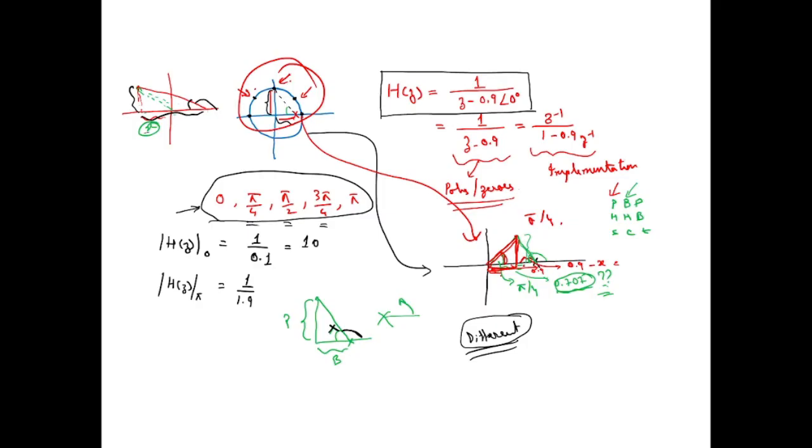Where is your pole? At 0.9. So you got this distance, and what is this distance? This is 0.9. Suppose this is x, so this would be 0.9 minus x. So this distance you have got, this one you have got, this one you have got.